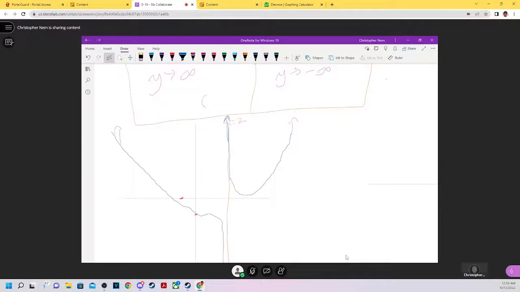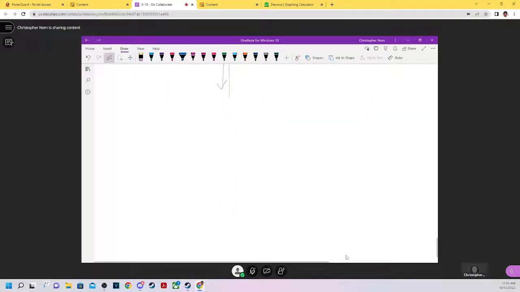So the last thing I'll discuss is if the degree on the numerator is 1 larger than the denominator, there will be a slant or oblique asymptote.